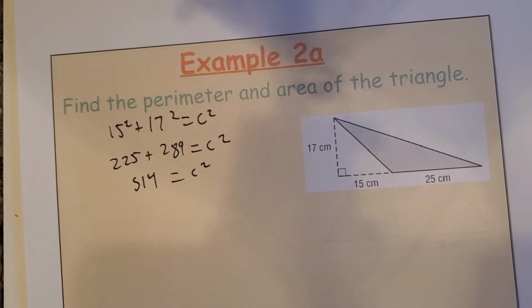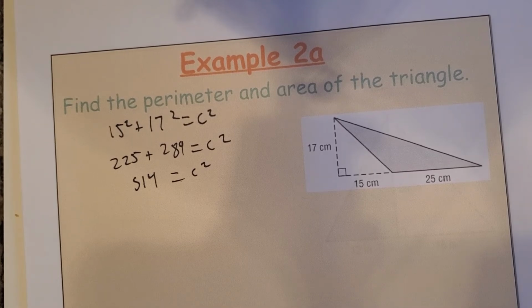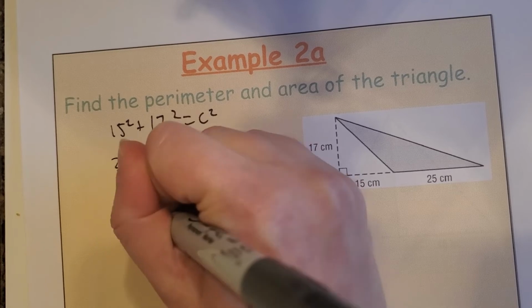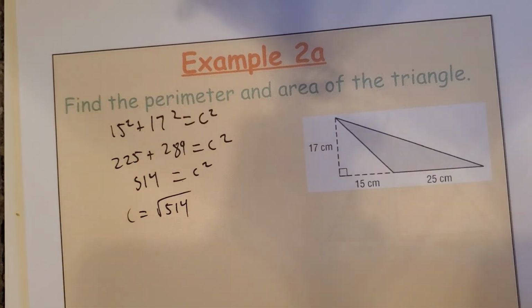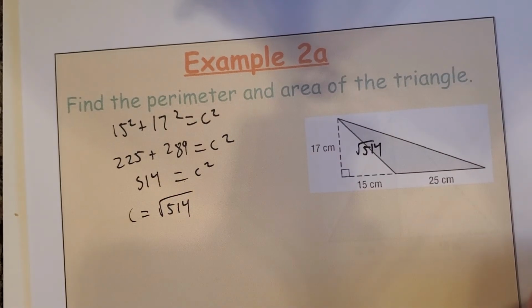I don't think this can simplify. Yeah, I don't think the square root of 514 can simplify, so it looks like that side is just the square root of 514. And we'll deal with that later.